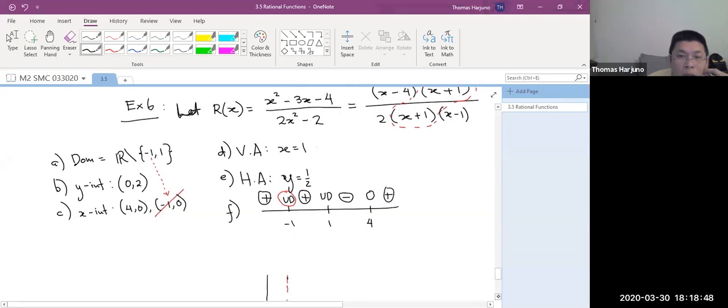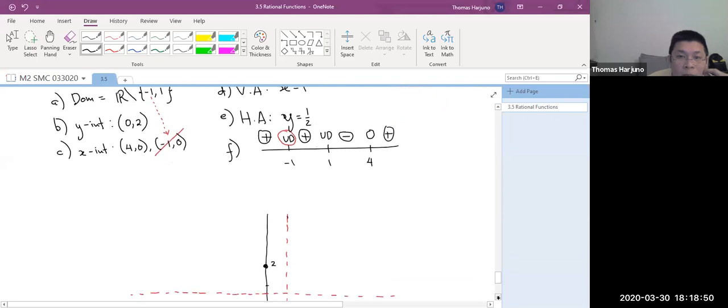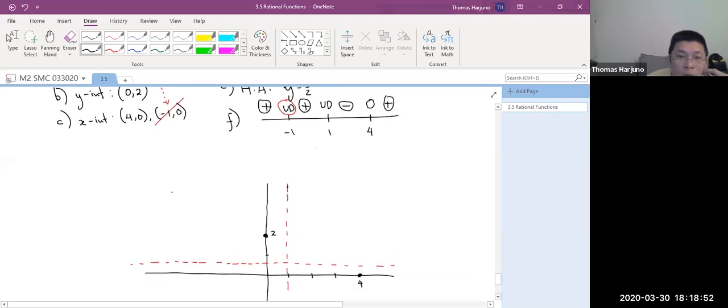Then what happened is, from -infinity up to 1, it will be positive. Okay, but don't forget, at x equals -1, we have a hole. So let me erase this.